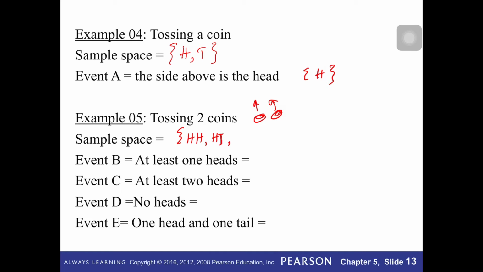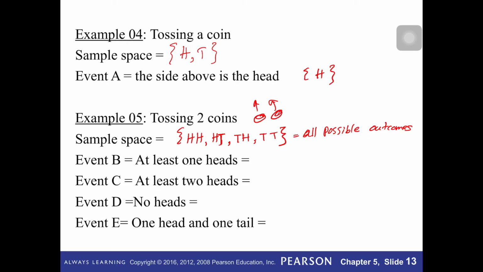What are the others? First tail, second head. First tail, second tail as well. So this is the sample space, all possible outcomes.